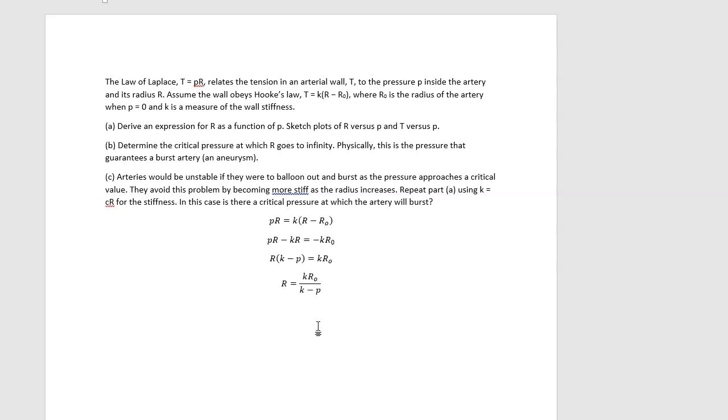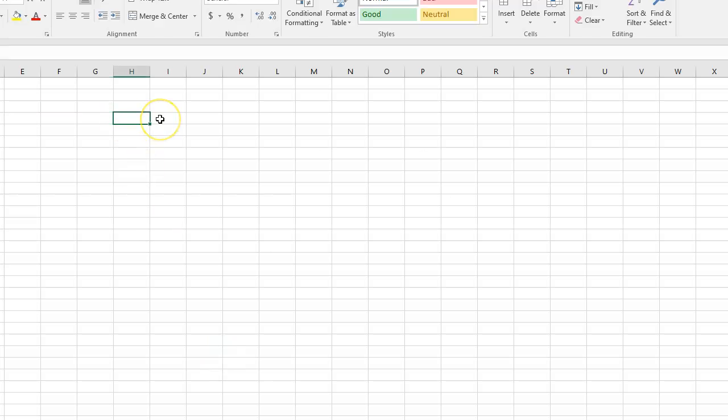All right, well, let's plot R versus P. Let's go over here. P and R. Let's put in some values for K. I'm going to put in K as 250 torr, or 250 millimeters of mercury.